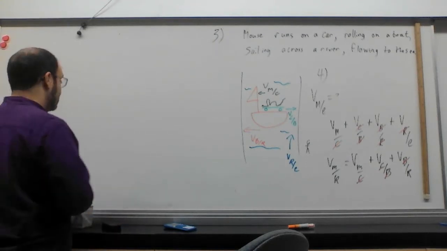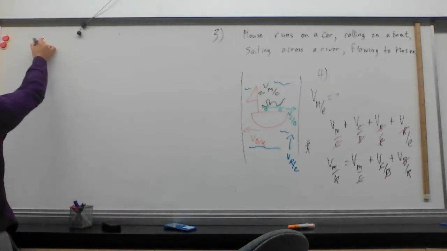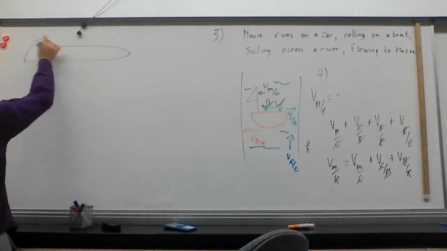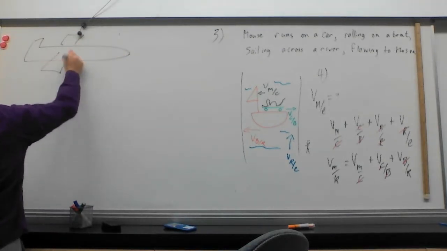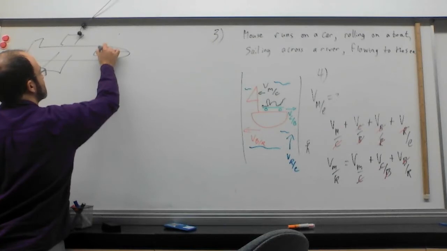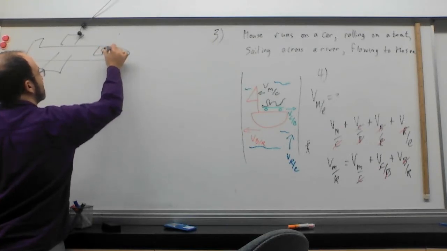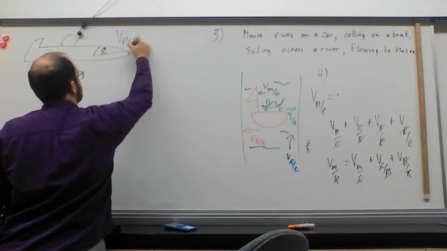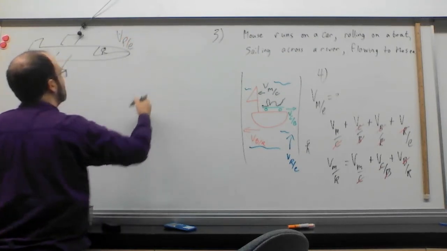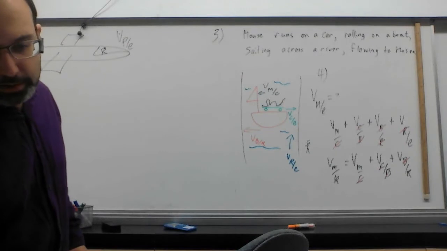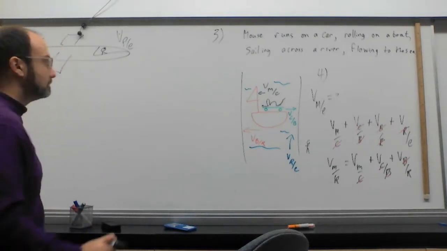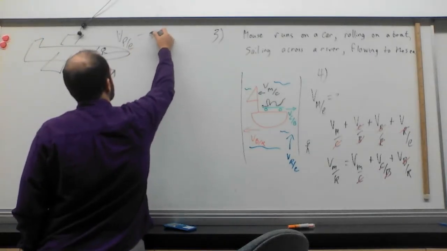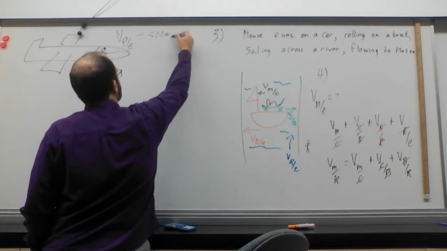The situation is as follows. We have an airplane in the sky. A little observer in the airplane. The airplane is moving with the velocity of the plane with respect to the Earth of 500 meters per second.